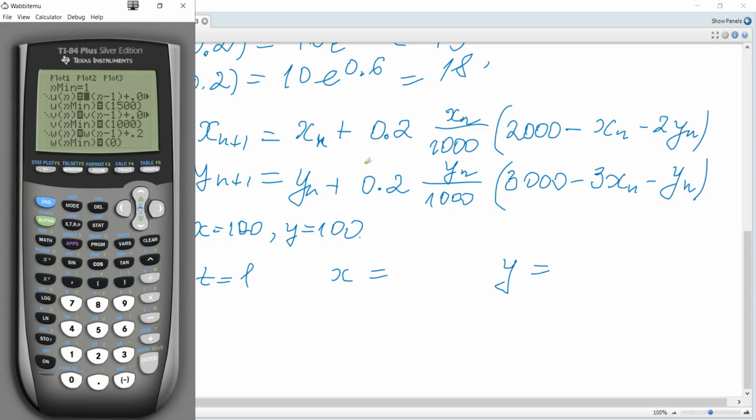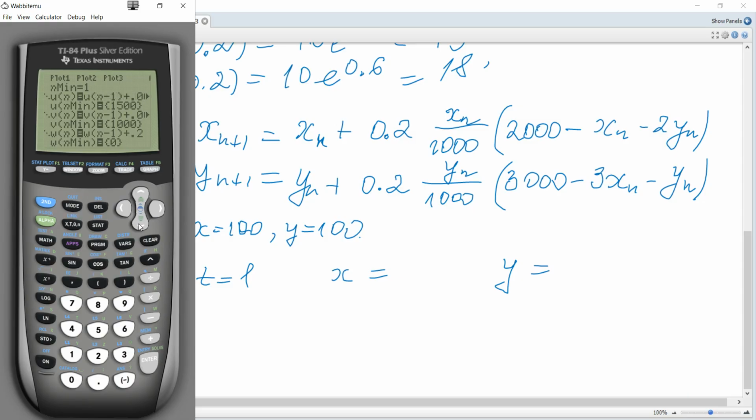So these formulas become, for x it's u of n-1, and notice that you should always write of n-1. So it's xn, so u of n-1 plus 0.2 over 1000 times x, so u of n-1 times 2000 minus x, which is u of n-1, minus 2 times y, which is v of n-1.